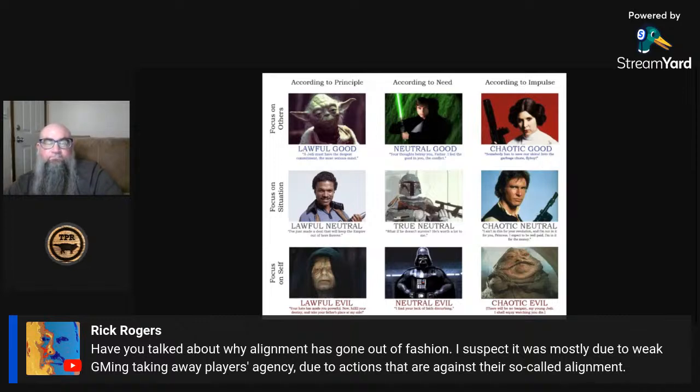Yes, which goes back to what I was talking about before. The primary reason that alignment exists, in my suppositions here tonight, is as a GM tool, and the GM must understand it at a deep level and apply it unflinchingly and without variation throughout their game.